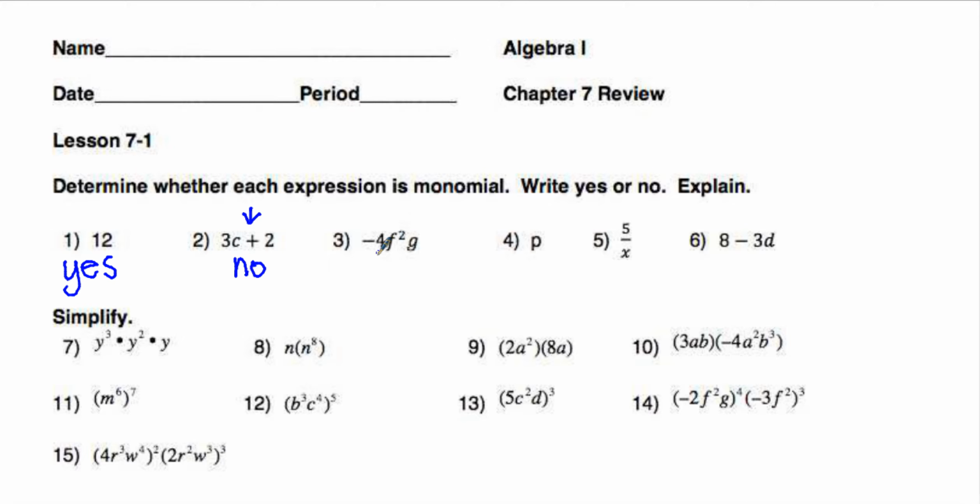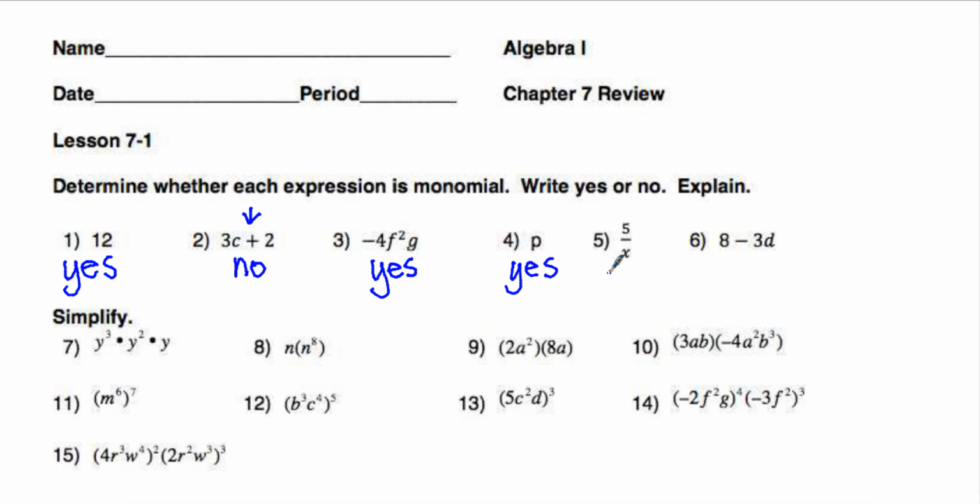Number 3, this is a monomial, so this is yes because it's all multiplication. I don't see any addition or subtraction going on here. That sign in the front is a negative because it's not being subtracted from anything, and therefore number 3 is a yes. 4 is just a variable by itself, and that is a yes.